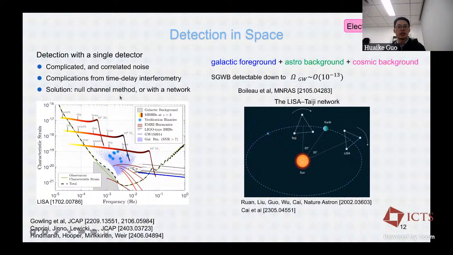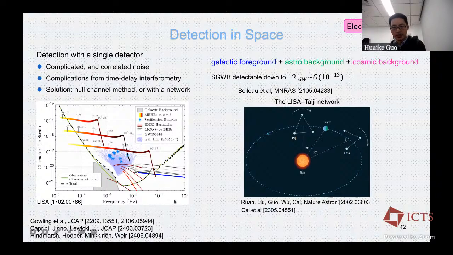This is called the null channel method, but it can be very challenging to detect this kind of noise-like signal, because the real detector might be very complicated. But still, people have used this technique to study the implications for phase transitions. For example, Gino and Marek and others, and Himar, have done a lot of this work in recent years.